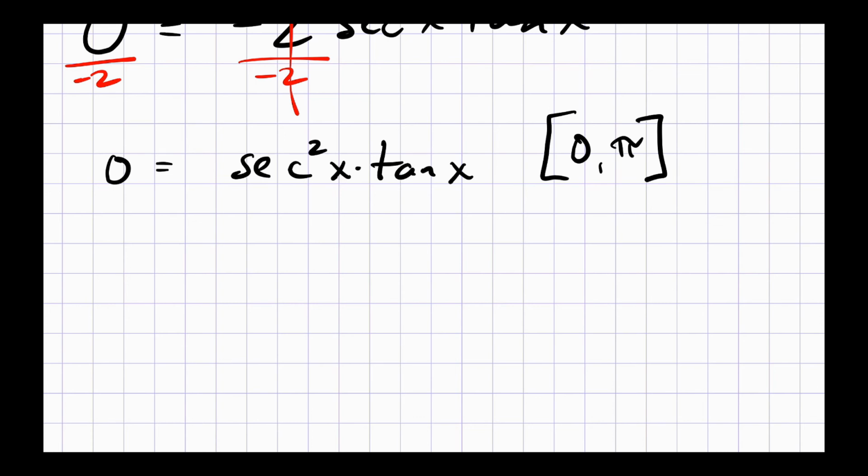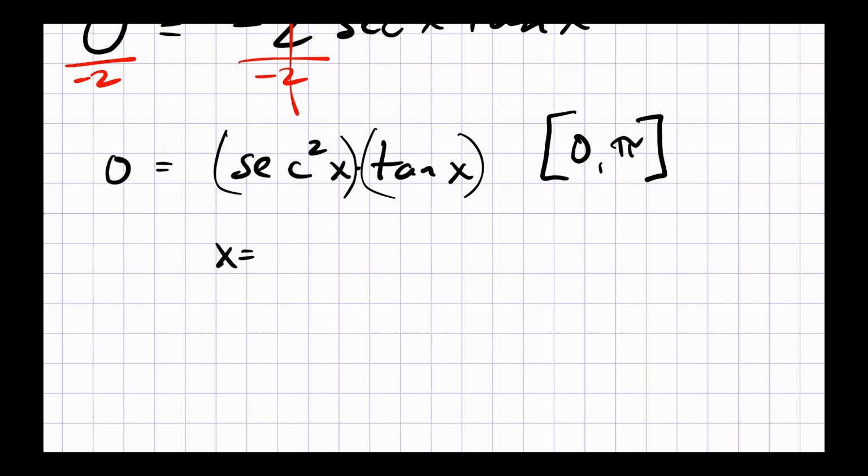What has to be true there? So if this times this equals 0, what has to be true? One of them has to be 0, right? So go look, where is secant or tangent 0 in between there? And that's going to be one of our answers.